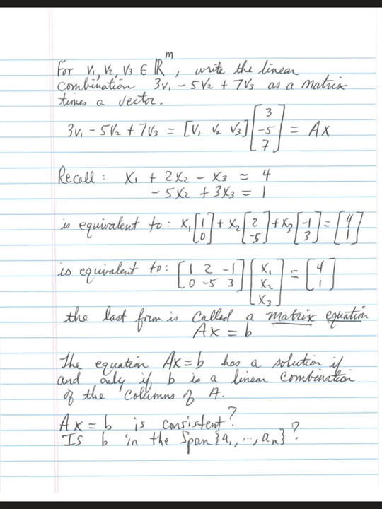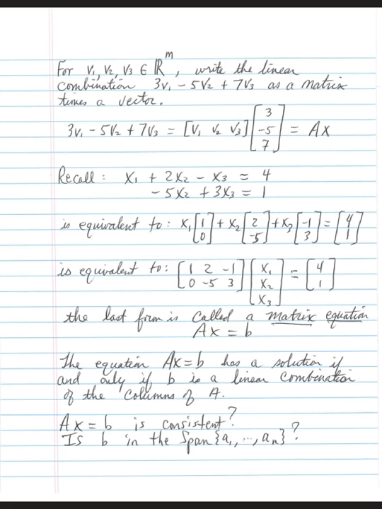The last form is called a matrix equation: matrix A times vector x equals vector b. The equation Ax = b has a solution if and only if b is a linear combination of the columns of A. Now, in the previous video, we put these together, solved, and got our weights.